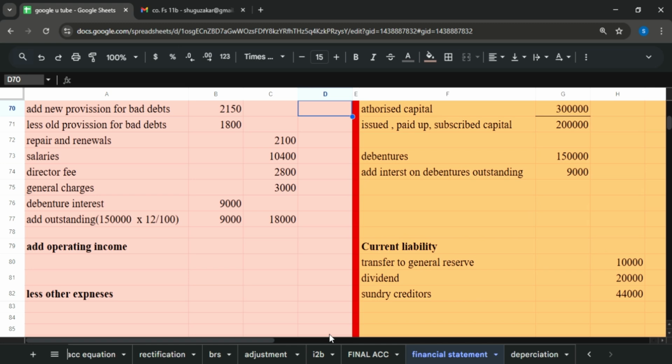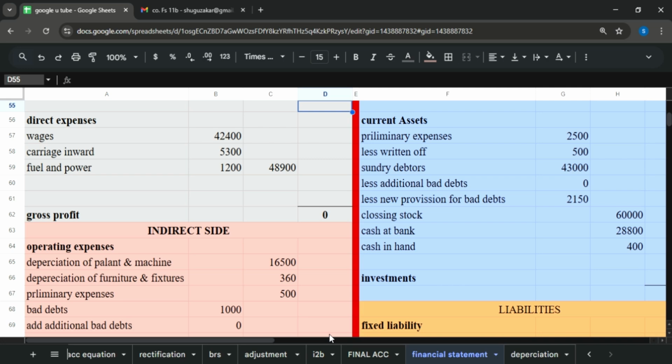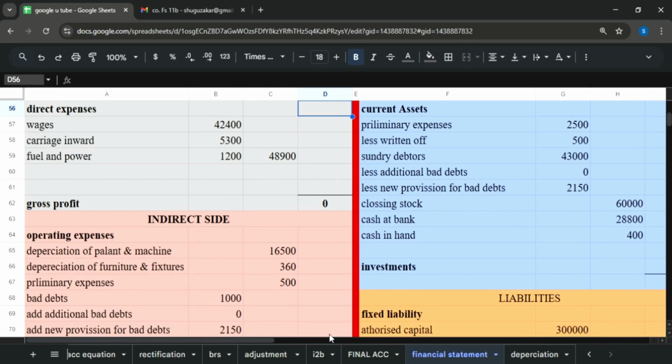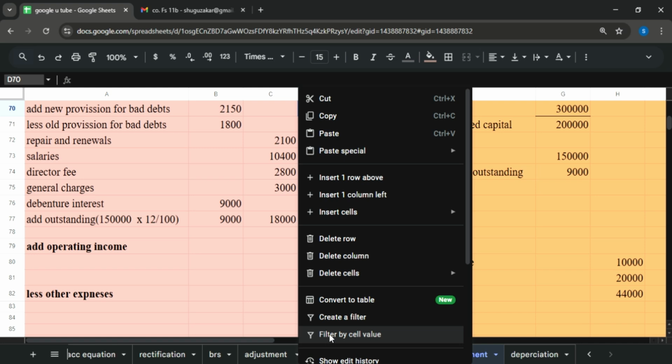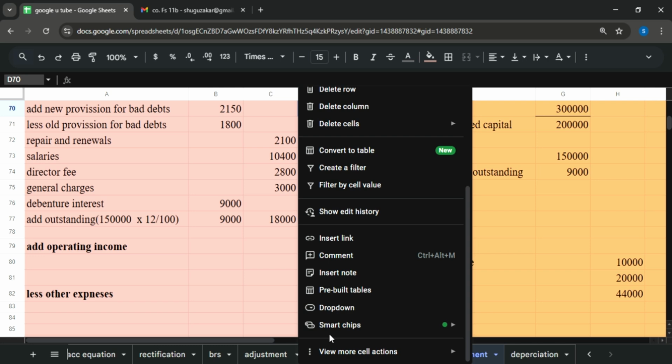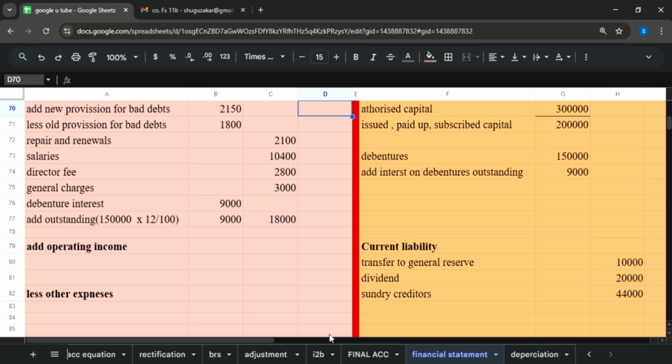I don't know what happened to my keyboard, it's not moving. Oh God, why is my cursor not moving.